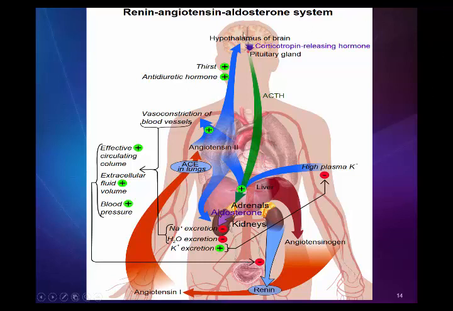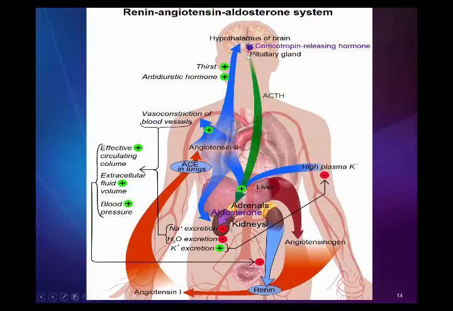Here's your hypothalamus up here, and your hypothalamus will influence the adrenal cortex and will provide for the release of renin, angiotensin from the adrenal cortex in order for the renin, angiotensin, aldosterone system to work.